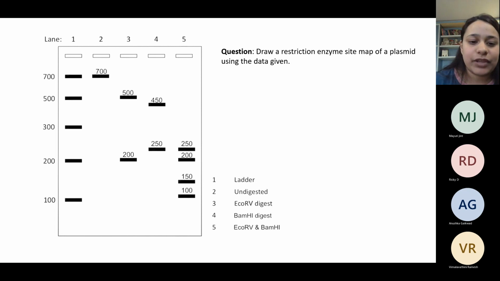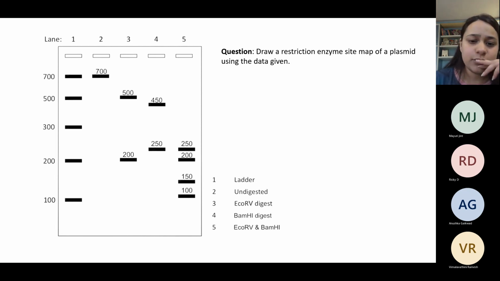I wanted to draw it step by step. Okay. If this is the plasmid, what it means is that there will be one 200 kilobase fragment, and there will be another 250 kilobase fragment, which is definitely going to be present.